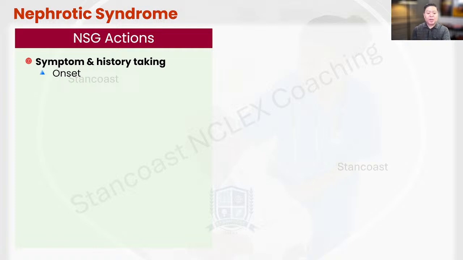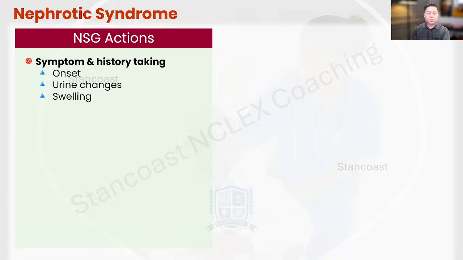Okay. Now we're also going to do a much more thorough physical exam. So again, since we're going to expect this patient to have fluid shifting from the vascular compartment into the tissues, well, edema is very obvious, right? So you really need to pay attention to the overall body parts here.